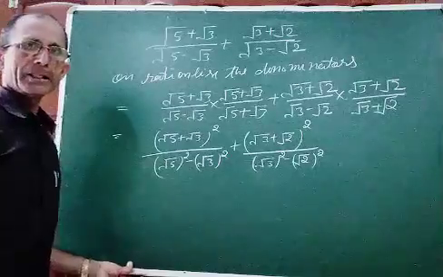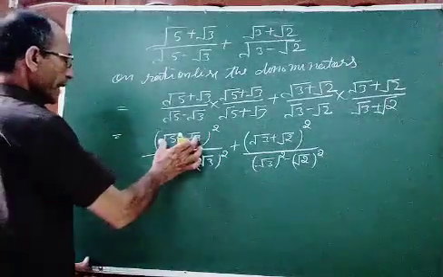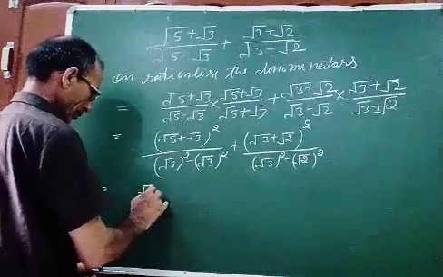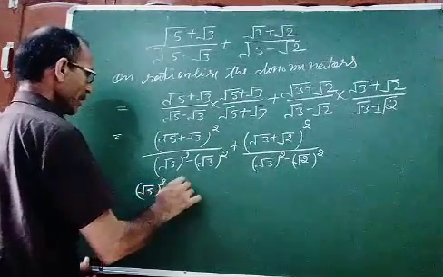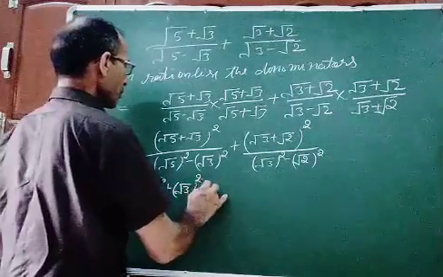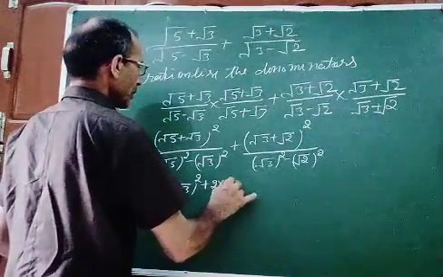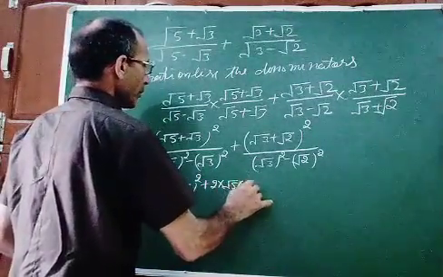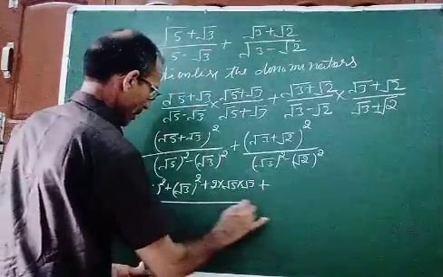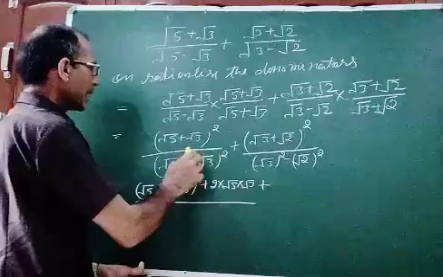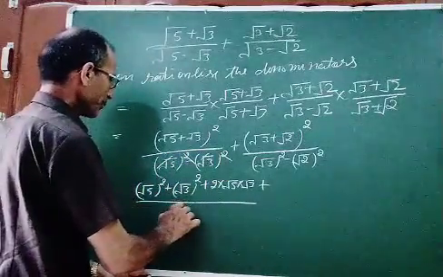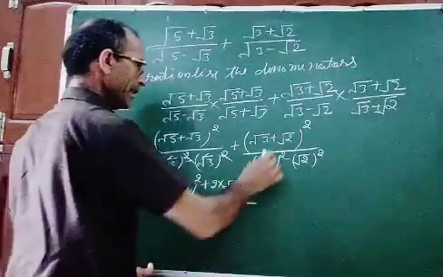For (a plus b) whole square, a square plus b square plus 2ab: root 5 square plus root 3 square plus 2 root 5 root 3. And a square minus b square, square cancels square root. So 5 minus 3.